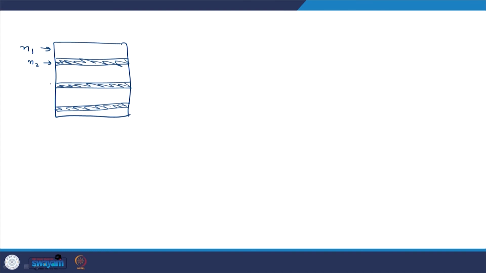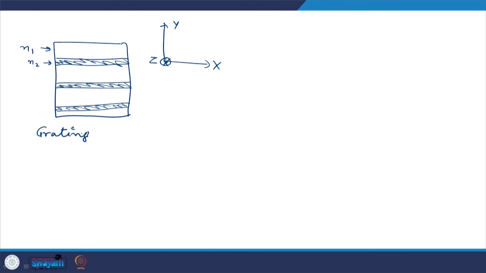Suppose x, y, z like this. So z is the direction of propagation. You can think like this: suppose z is pointing down to the plane. So light is incident on these, which are actually grating structures.